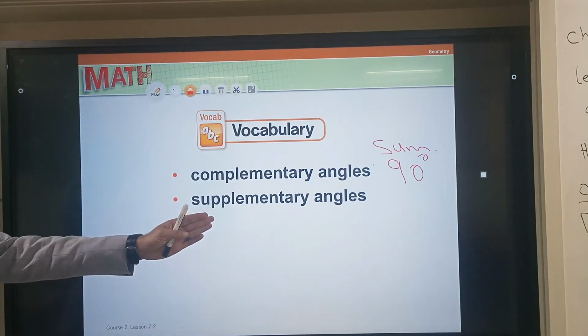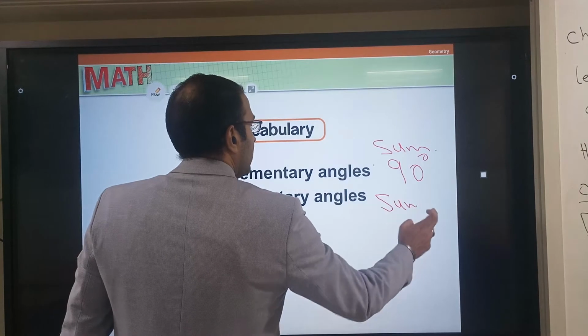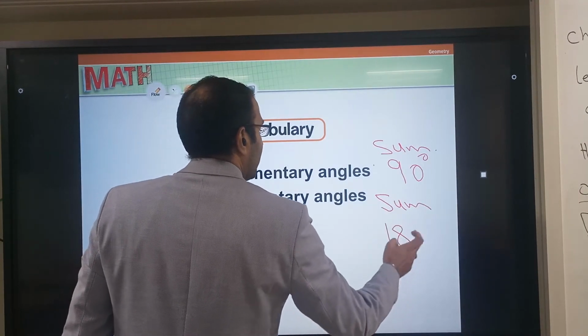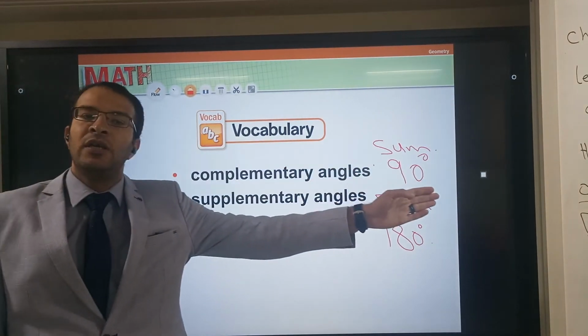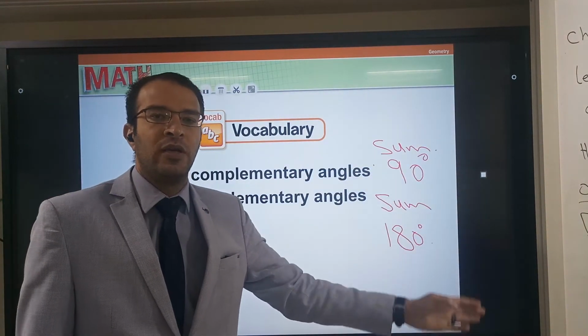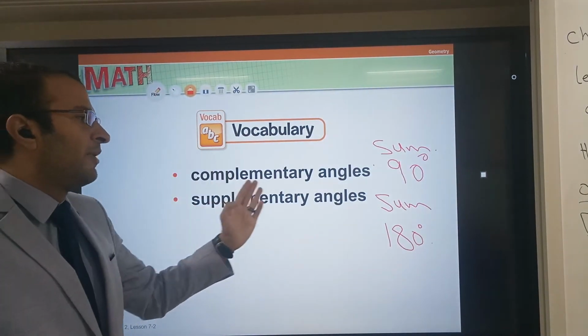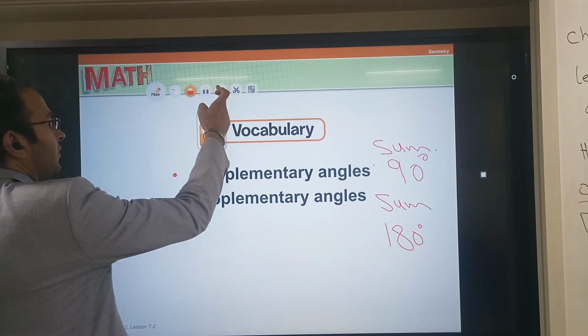Here we have supplementary angles, where the sum of their measure is equal to 180 degrees. So again, complementary, the sum is 90. Supplementary, the sum is 180.